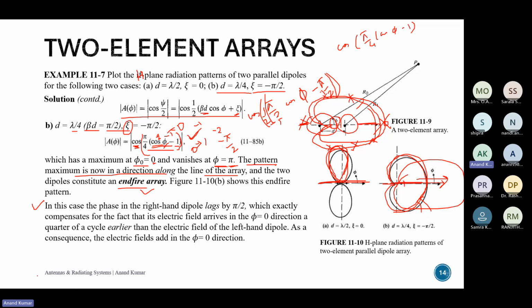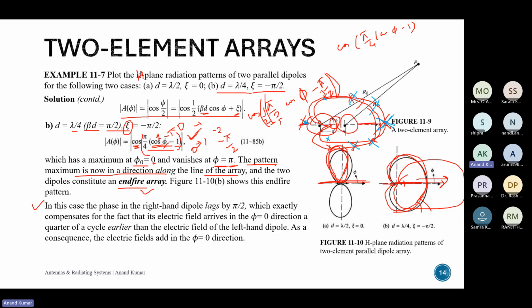Let's change color maybe. So we are getting constructive addition of the patterns here and destructively here. And this keeps increasing in magnitude in this direction.